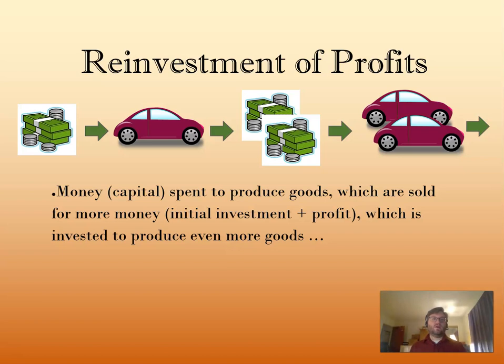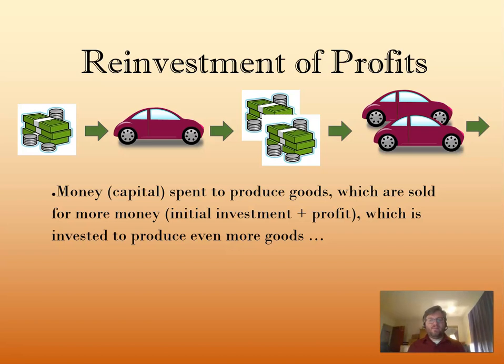Our goal is not just to make our investment back and be left with the same amount of money that we had going in. Our goal is to get more money back. So we sell those cars and we now have more money than we had before we invested. Now we're going to take that money, the amount of our initial investment plus a profit, an additional amount of money. We're going to take that new sum of money and reinvest it.